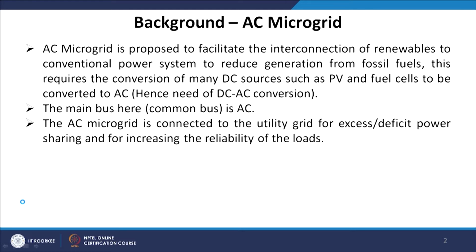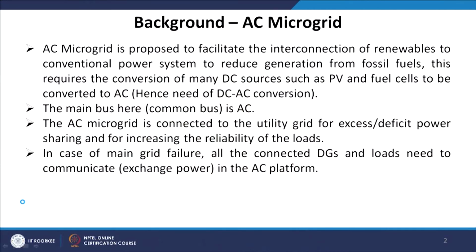The AC microgrid is connected to the utility grid for excess or deficit power sharing and for increasing the reliability of the load. It means the AC smart grid has to be connected with the grid, so that as and when the load increases, we can take power from the grid, and when it decreases, we can share power to the grid, and that increases the reliability and robustness of your AC smart grid or AC microgrid.